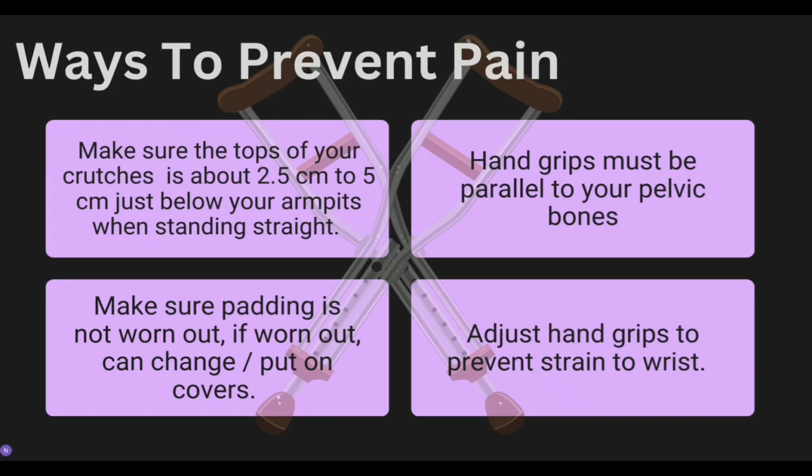The hand grip and crutch pad can be covered using cloth. It can effectively reduce the pain from the crutch pad and hand grip. Other than that, hand grips are adjustable in the up, down, forward, and back positioning depending on the user's needs. It can effectively reduce the strain on the user's wrist and improve stability.